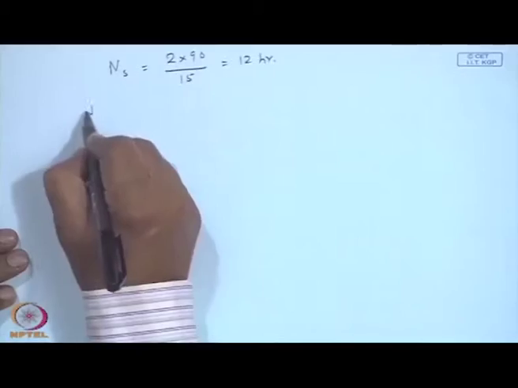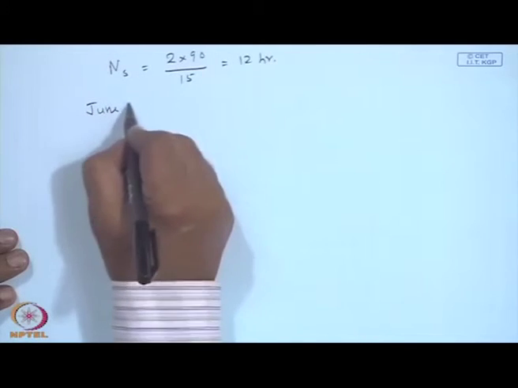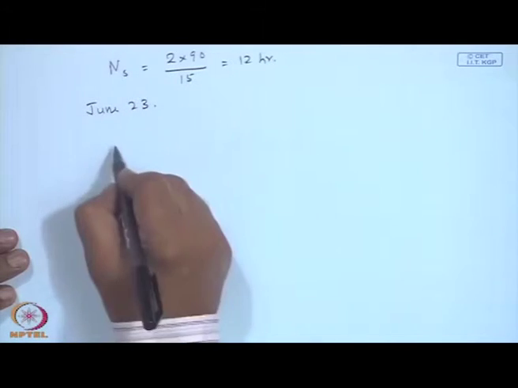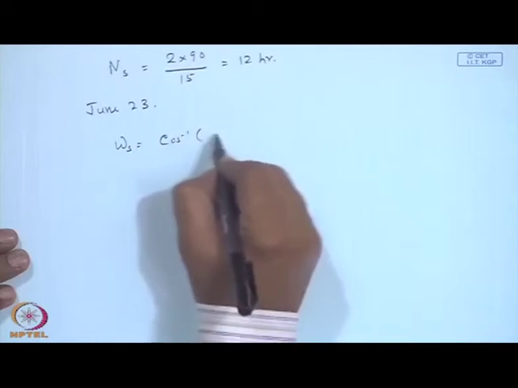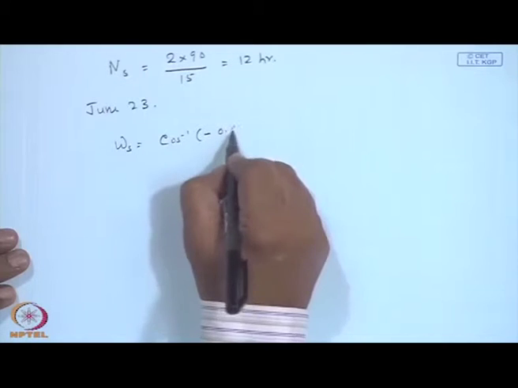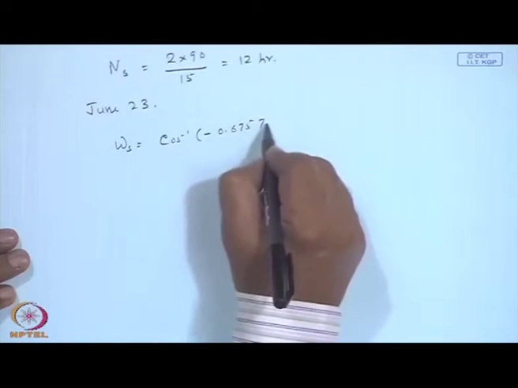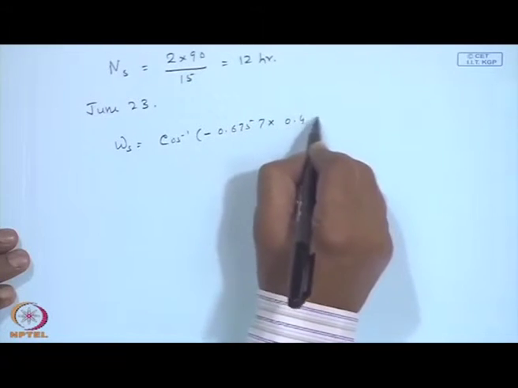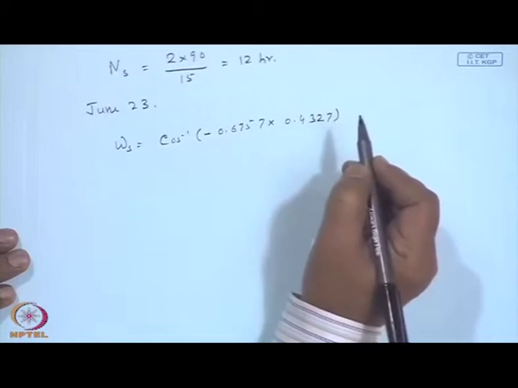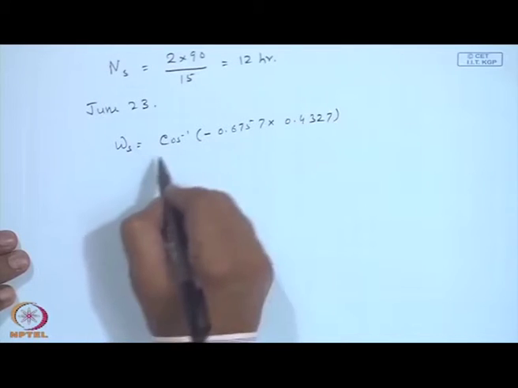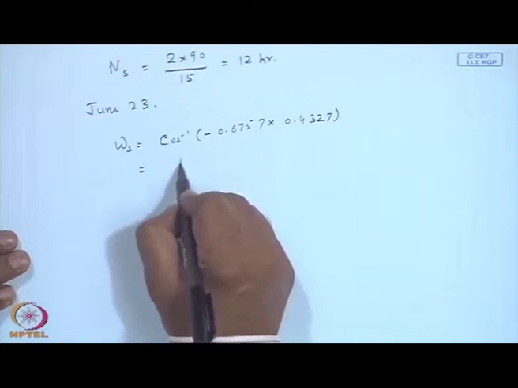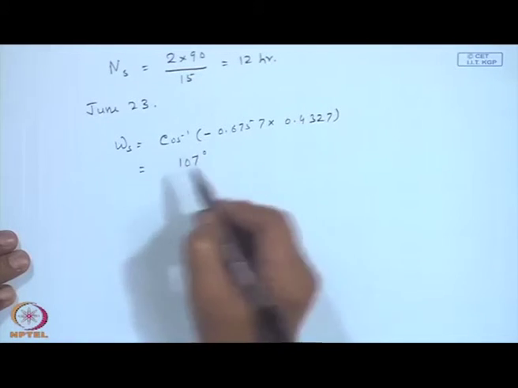Then you go for June 23, you have got the sunset hour angle as cosine inverse of minus 0.6757 times 0.4327. Declination is positive. So, consequently, the entire thing is negative. This will be equal to 107 degrees.